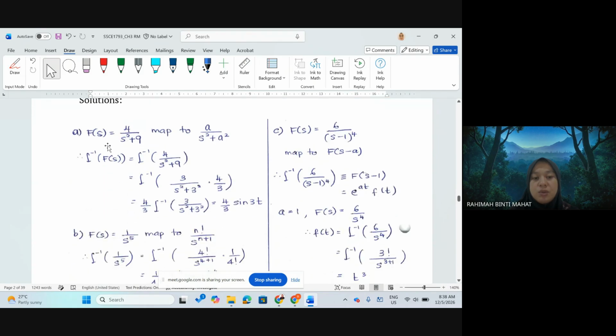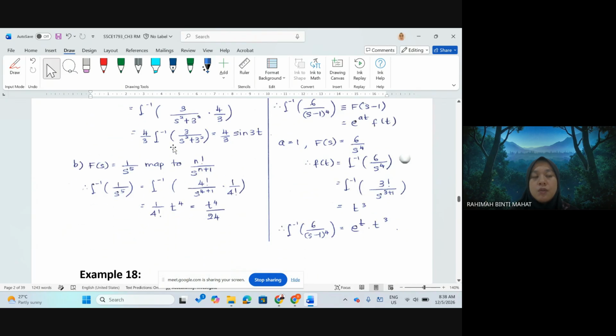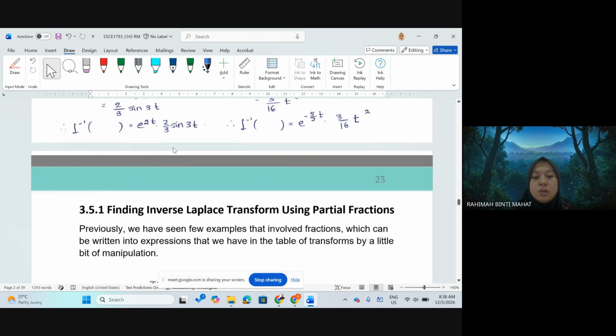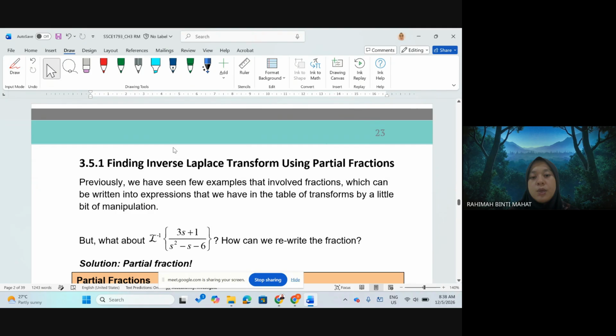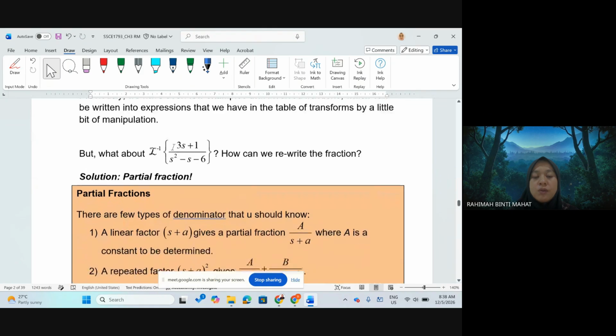And similar to this one, you have s square plus 9, which means this is 3 squared. So every time you see a question, you might know which formula you need to use. How do you know that? By doing lots of exercises.